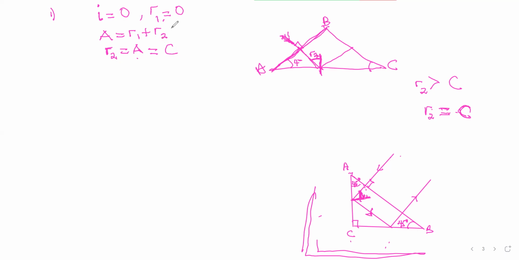But from this equation, we know R2 is equal to A. So if R2 is equal to A, then it also means that the critical angle C is equal to A, which is also equal to 45 degrees. Are we okay? Yes.